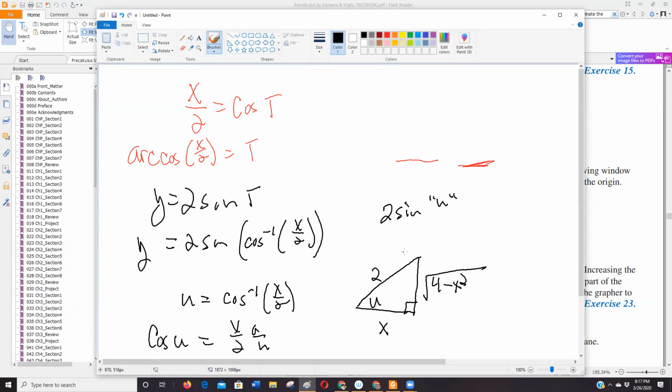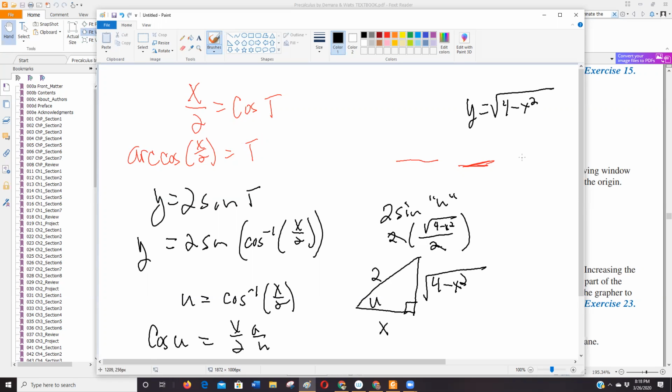The sine of that angle u is going to be 2 times the opposite, the square root of 4 minus x squared, all over the hypotenuse, which is 2. Those 2's cancel out. So I'm left with y equals the square root of 4 minus x squared.